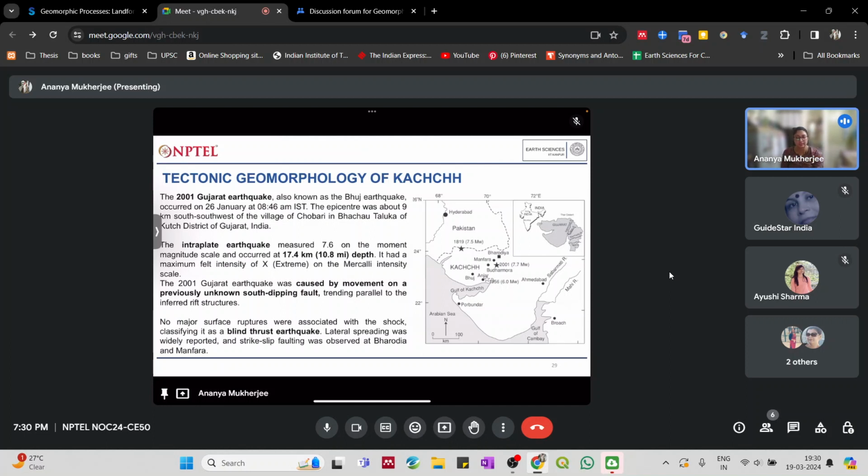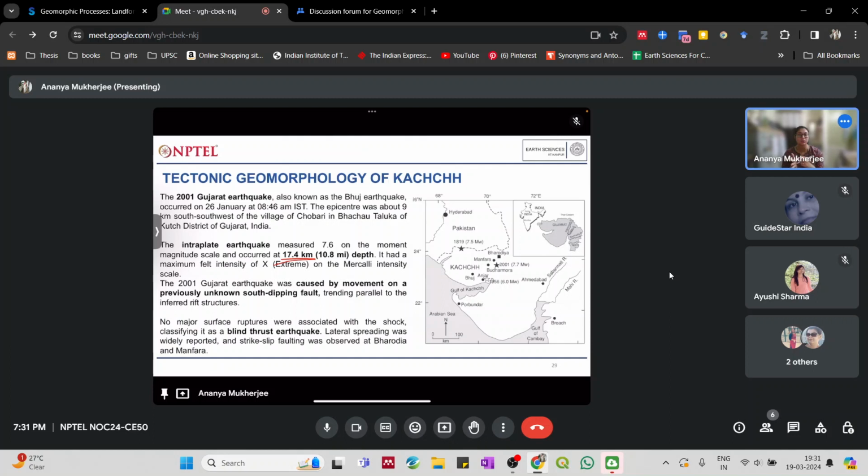You can see that the depth is pretty deep in nature, because the substrate over there, or the rocks that are present over there, has aided in the transmission of the seismic waves that were generated because of the earthquake, and they traveled for longer distances and caused very large destructive effects.